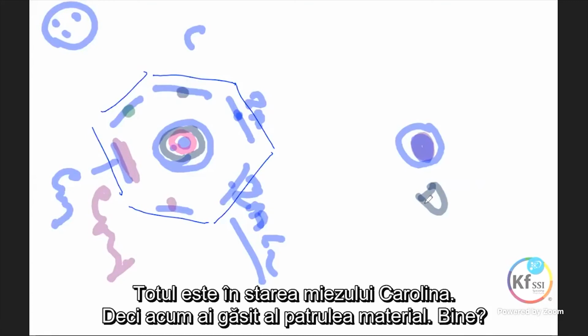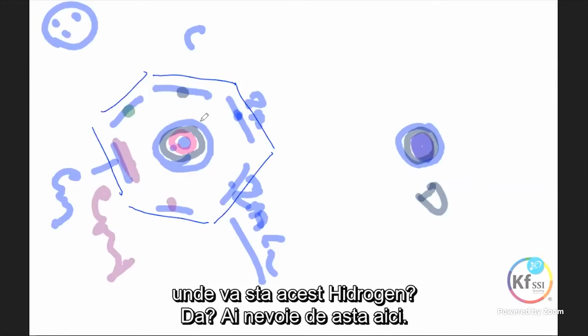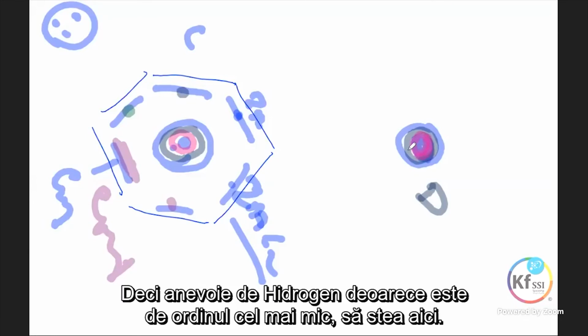So now you have found the fourth material. Now you need hydrogen. Where is your hydrogen going to be? You need it here, because it's of the lowest order to sit here.